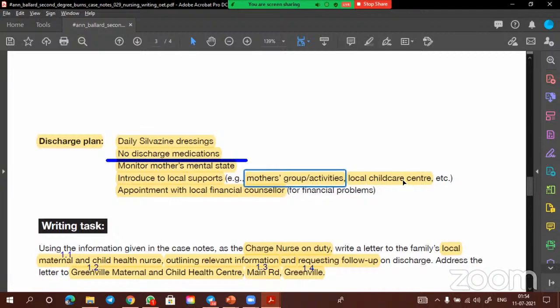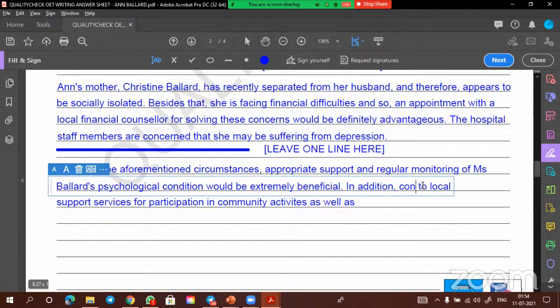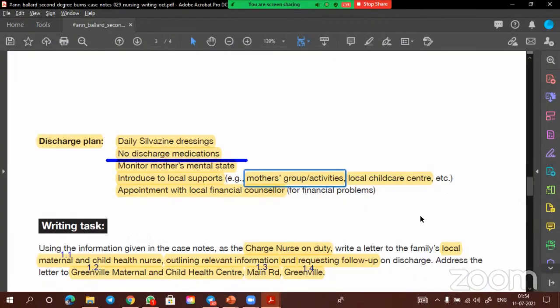So here, introduction is already used, so we say connecting to, connecting with local support services, as well as introduction to local childcare center.